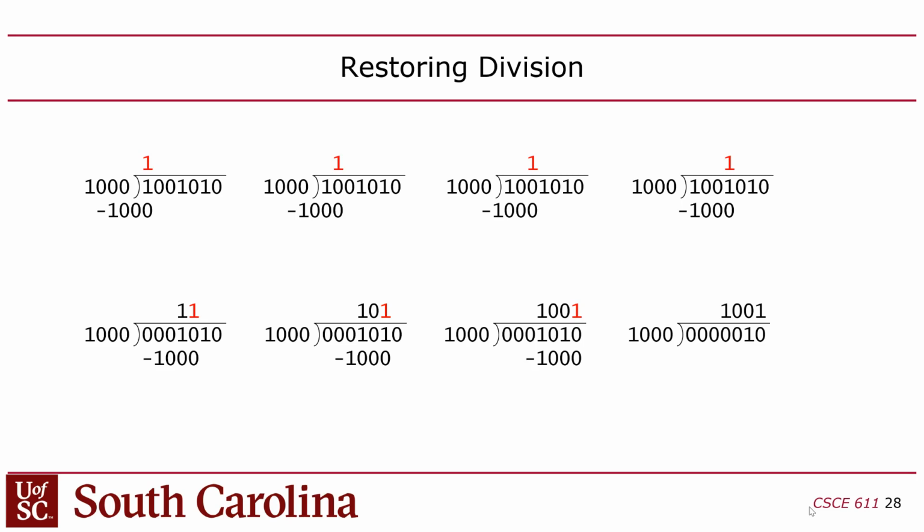So you start out with a remainder register, and you initialize that with the dividend, and then you keep trying to subtract shifted versions of the divisor from that register, and every time you're able to successfully subtract, you shift a 1 into the quotient register, and you update the remainder register. However, if you can't subtract it, if the result of the subtraction is negative, then you restore the remainder back to what it used to be. It's called restoring division. Hopefully you probably talked about this algorithm in 212. Or hopefully you did.